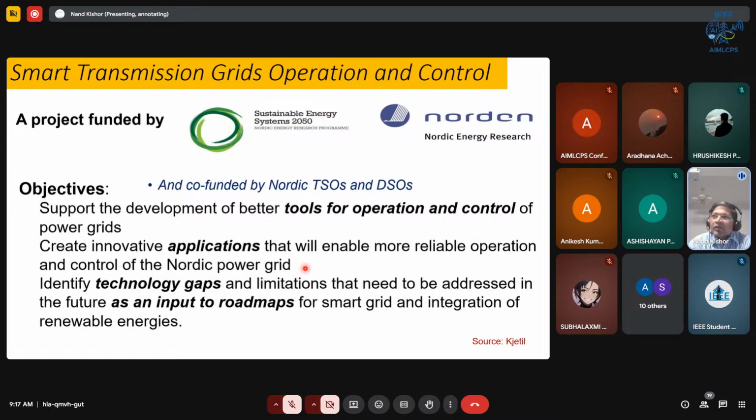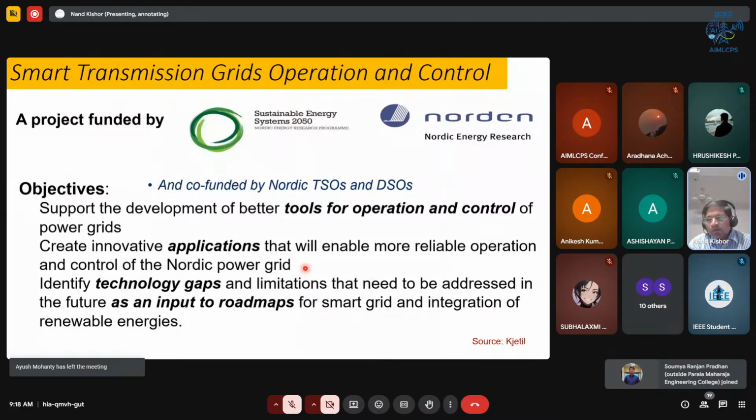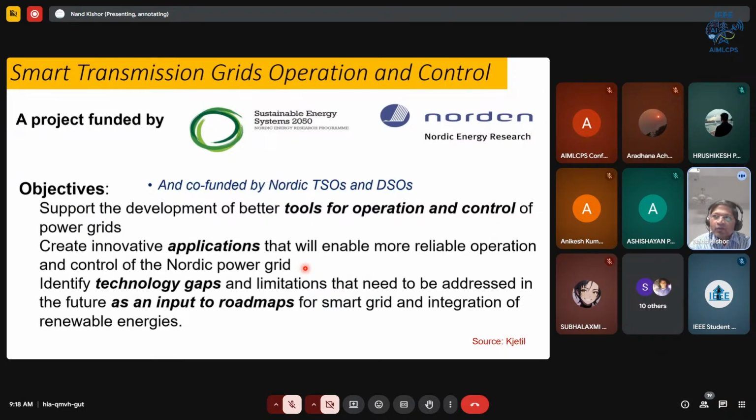The Nordic power grid, though now well connected to the rest of Europe, forms an interconnection between Norway, Sweden, and Finland, with power exchange to the rest of the European countries as well.